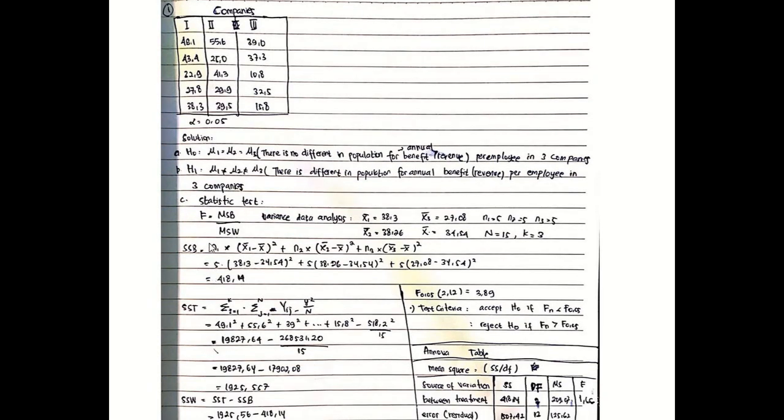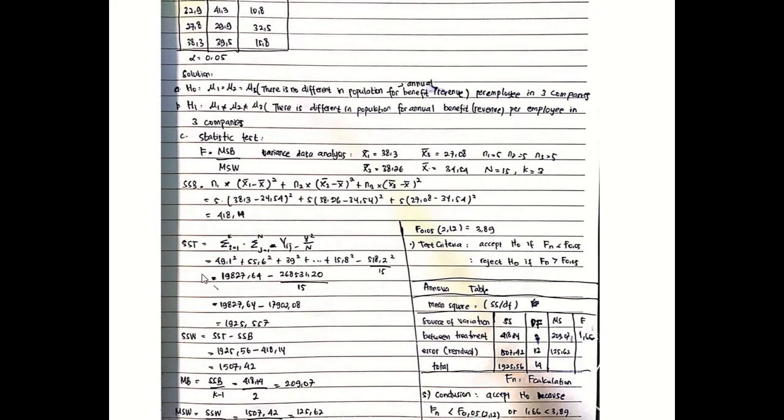Then we head into the SSB. This is the formula for SSB: N1, the number of data in company 1, times X1 bar minus X bar squared, plus N2 times X2 bar minus X bar squared, plus the number of data in company 3 times X3 bar minus X bar squared.